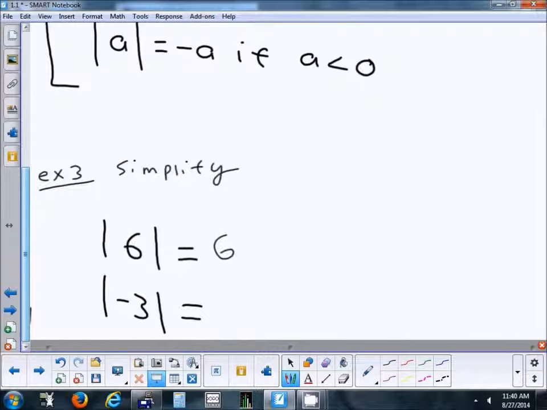Take the opposite of whatever you see inside the bracket. So what's the opposite of -3? Danielle? 3. Now, you wouldn't want to do that on the top one. You would not want to take the opposite of what's inside, because you already had a number that was greater than 0. So that fell into the top rule. This was the bottom rule.